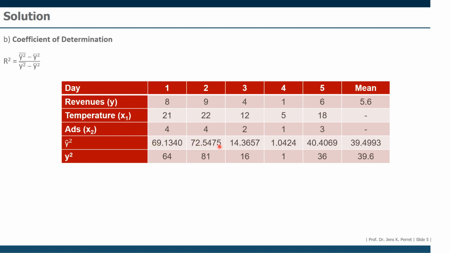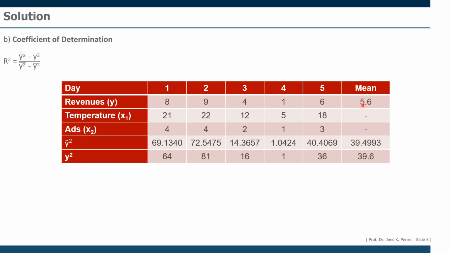These values should be pretty close to the y squared I have below this. They will be much closer the better my regression line actually is. Here I see they look decently well, especially if I now add one more column where I calculate the mean of y squared and the mean of y hat squared. And see, those two are pretty close to each other.